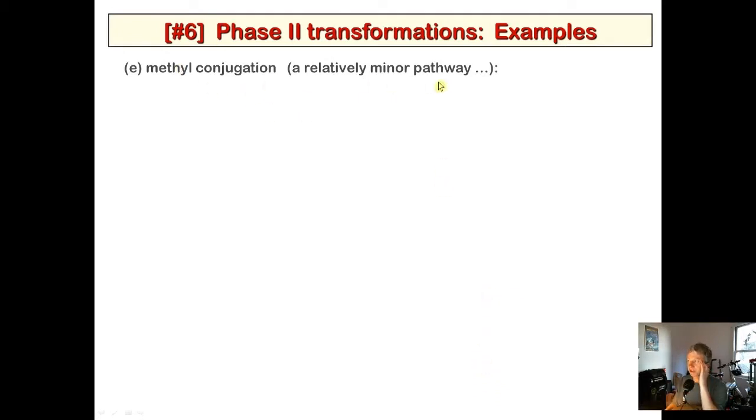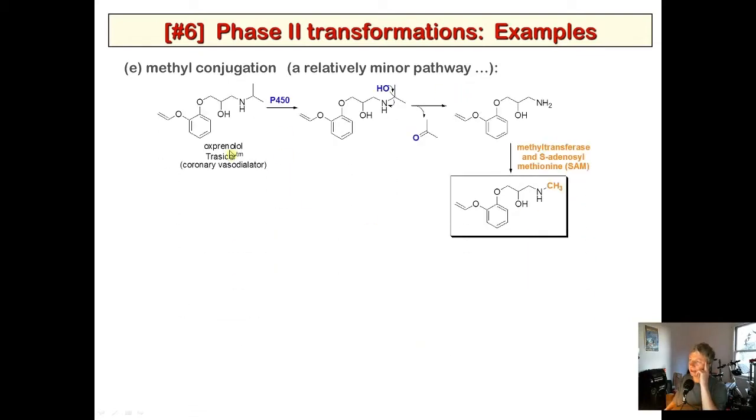Methyl conjugation is another phase 2 metabolic process that is maybe less common. Here's an example. So this is oxprenolol, which is a coronary vasodilator, and through a normal P450 mechanism, this isopropyl group will be cleaved.